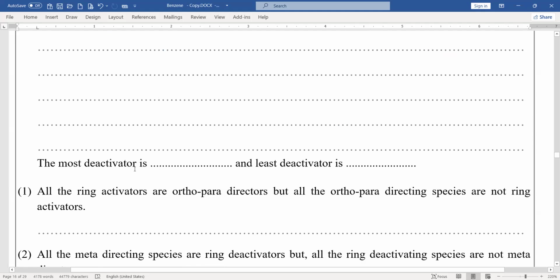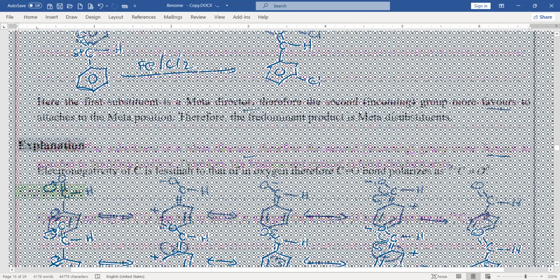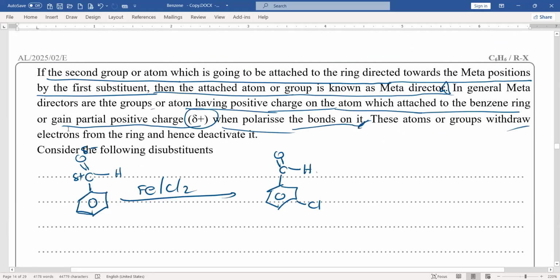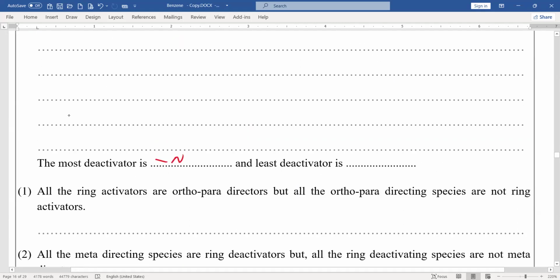Now, the most deactivated group is that N group. As you can see here, this NR3 means you have three alkyl groups attached to this nitrogen atom, then it will be the most deactivating in this case.